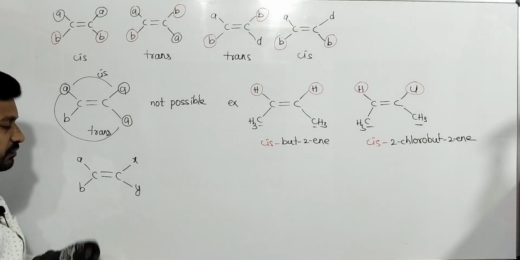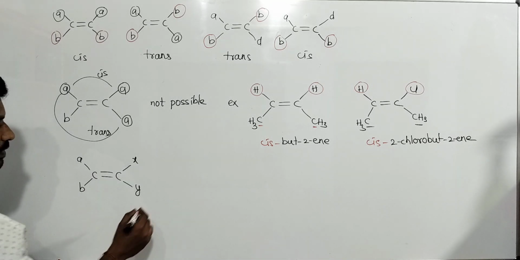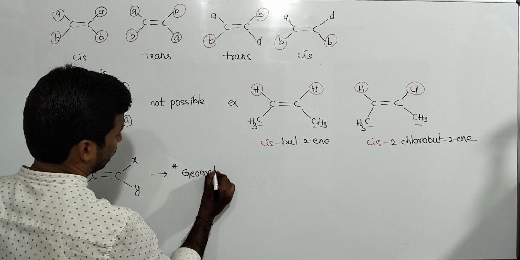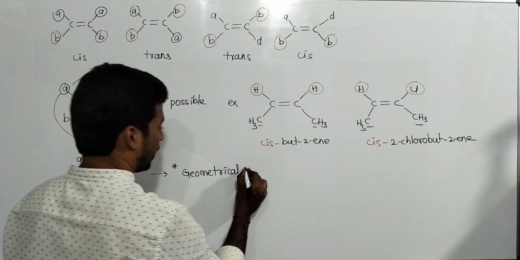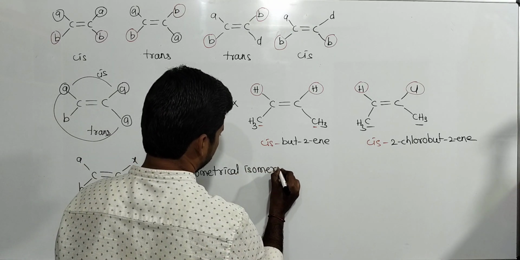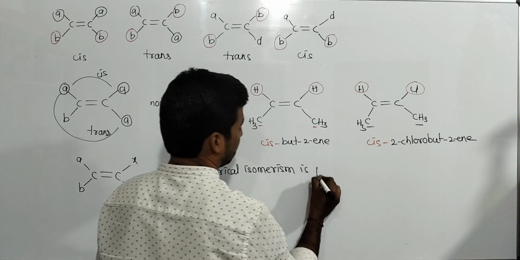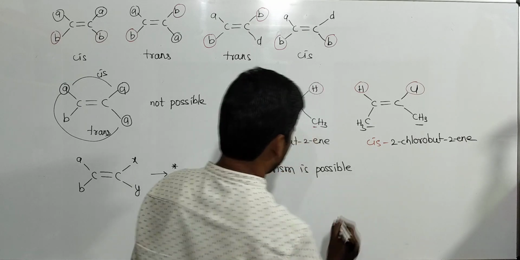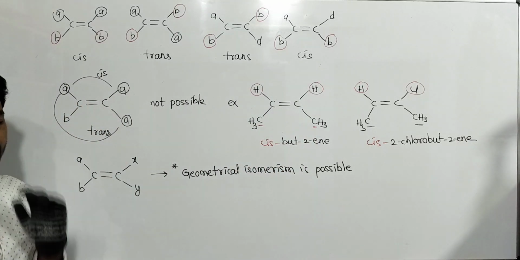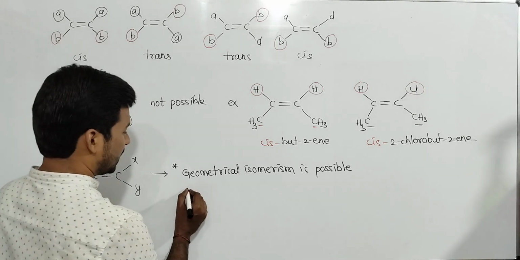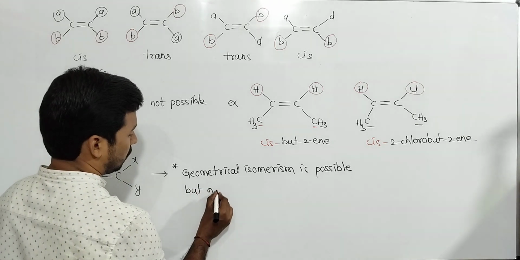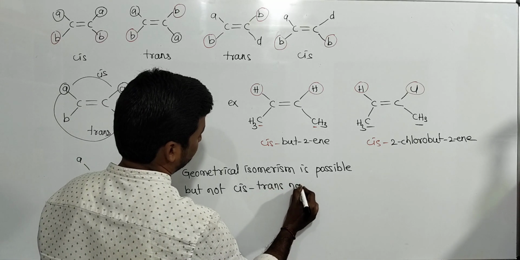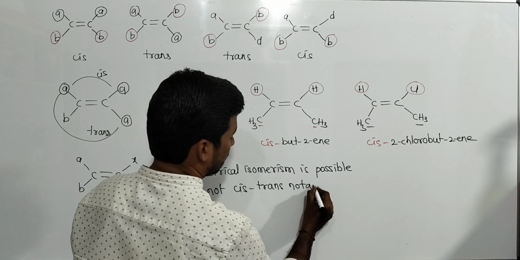Even though there are no similar groups on the carbon-carbon double bond system, geometrical isomerism is possible, but not with cis-trans notation.